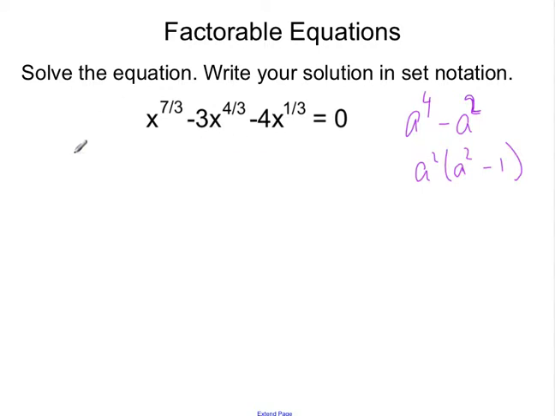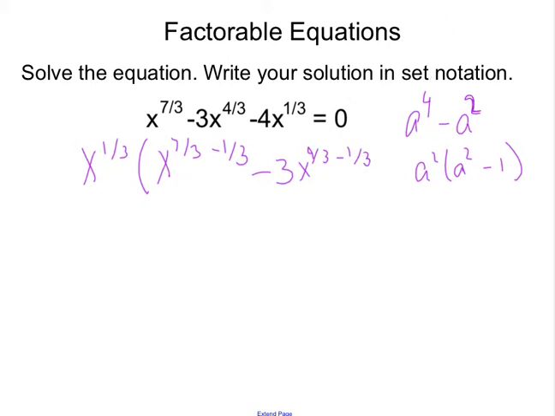So I'm going to do the same thing over here. We're going to take x to the 1/3 out, and then I'm going to be left with x to the 7/3 minus 1/3, minus 3 times x to the 4/3 minus 1/3.